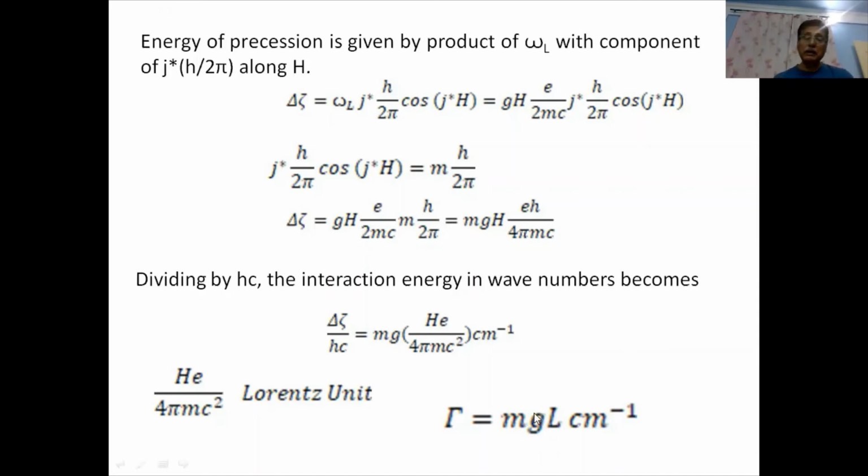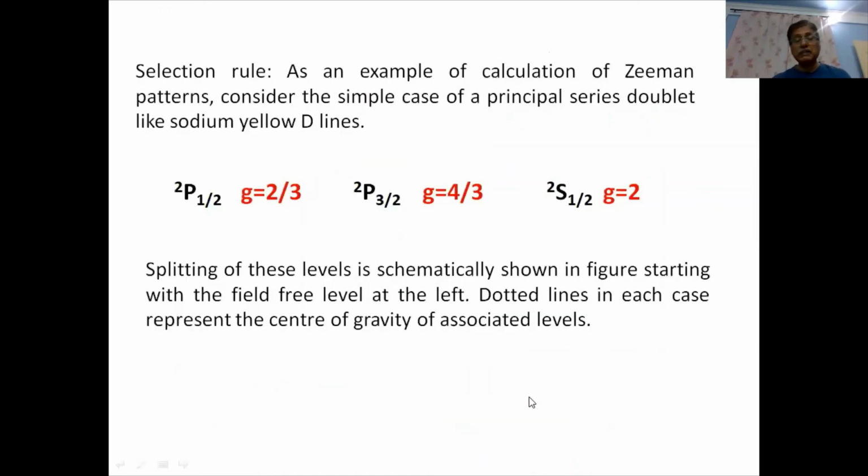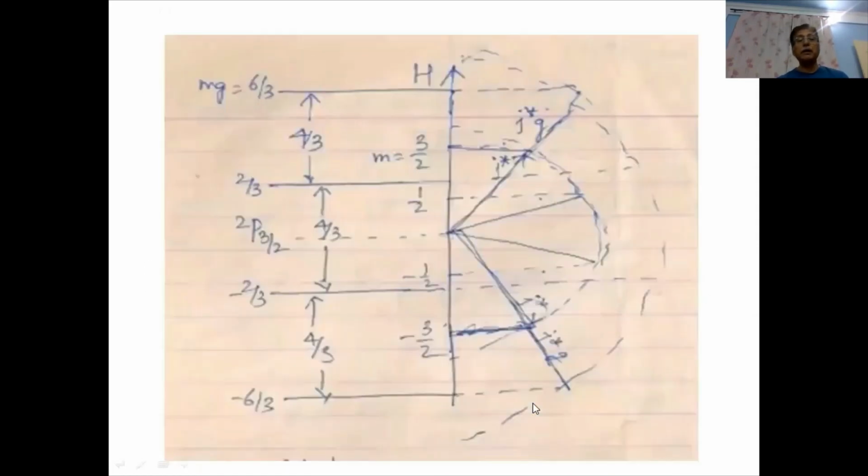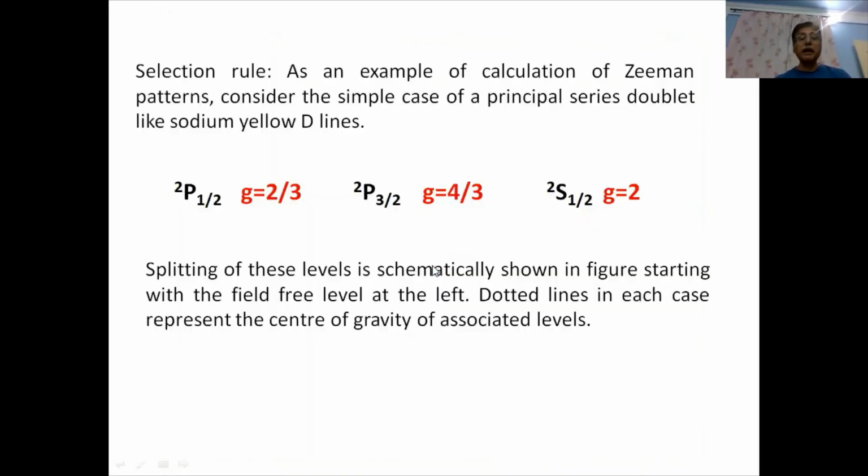For example, doublet P 3/2. And then the magnitude of the splitting will be mg Lorentz unit. And that is what we have done over here. That is, for J equal to 3/2 the components are 3/2, 1/2, minus 1/2, and minus 3/2. Now we calculated the value of G for this one, and it was 4/3, you can see from here.